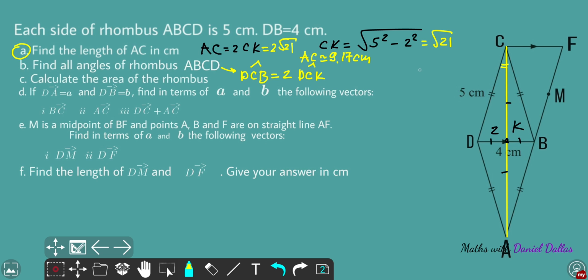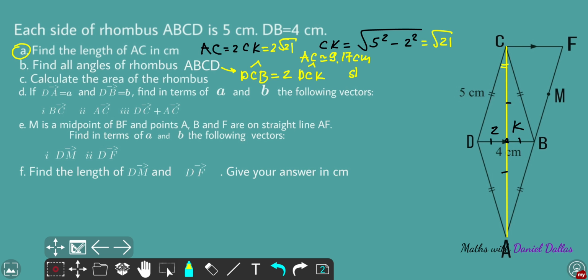And how to figure out DCK? Using trig rules. DC is 5, the opposite leg is 2, so we can use sine.